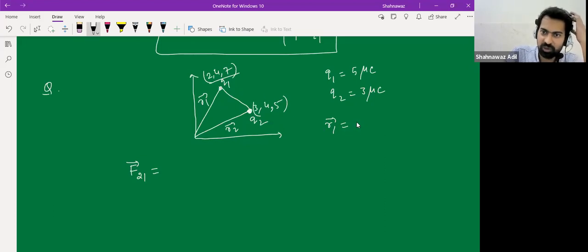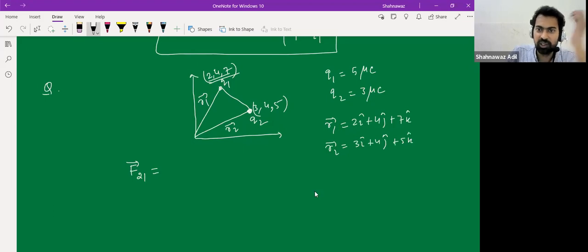R1 vector would be 2i plus 4j plus 7k, and R2 would be 3i plus 4j plus 5k.